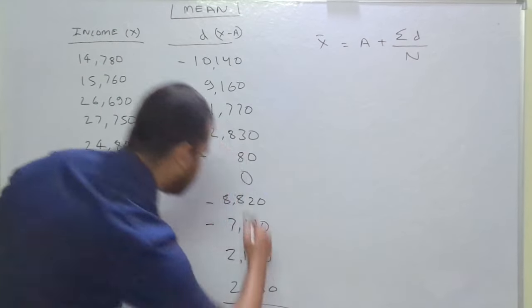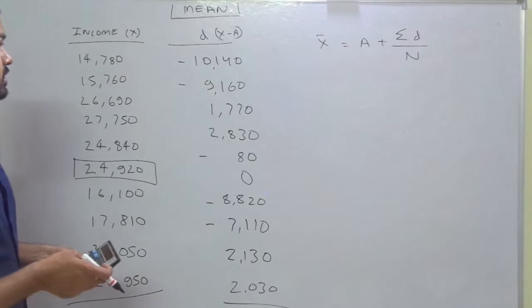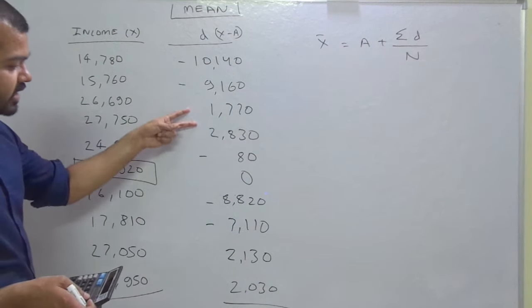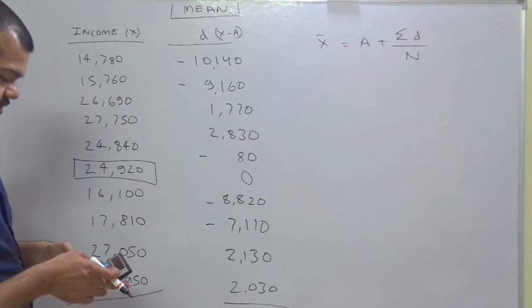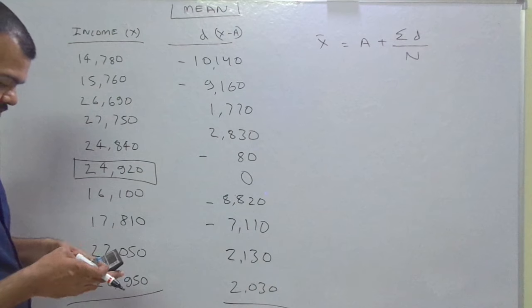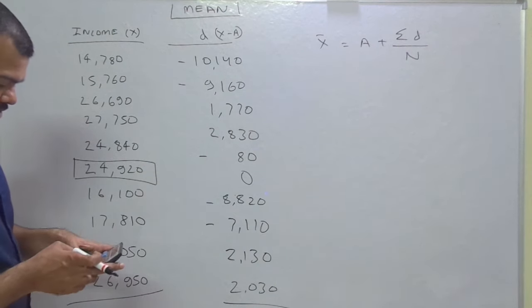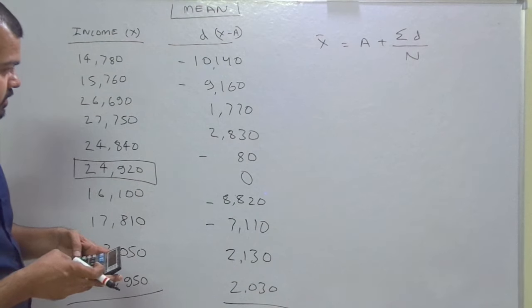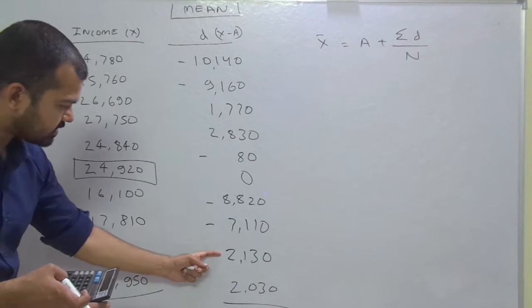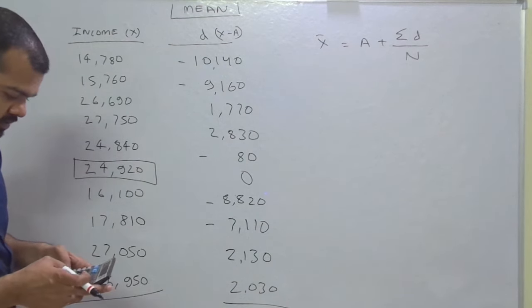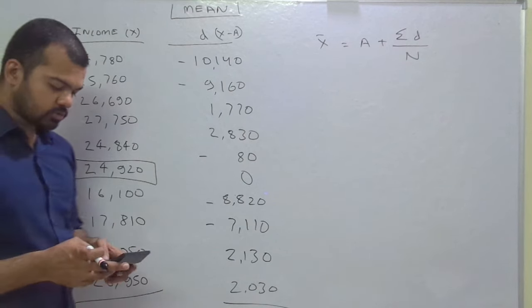Now you have to add all these figures. For example, we add all the positive numbers: 1770 plus 2830 plus 2130 plus 2030.